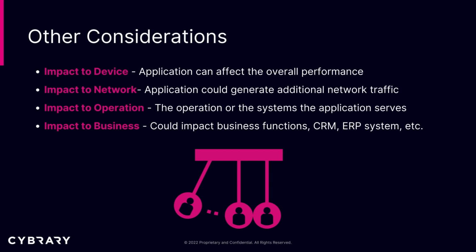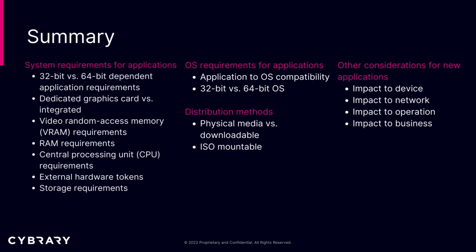Impact to the operation of the application servers could affect the operation of those. And finally, impact to the business overall. It could impact business functions like a CRM or ERP system. So you want to make sure again that the application you're installing doesn't interfere with those processes.